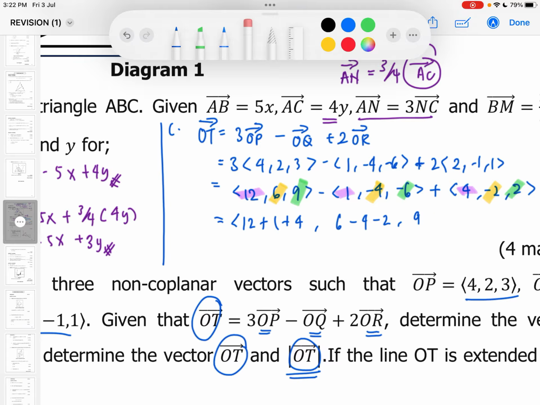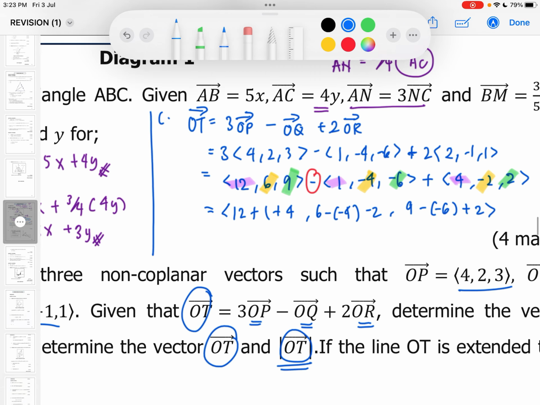I didn't notice that there's this over here, plus 2. I think I forgot it for this one also. So that's going to be 6 minus negative 4, and then we minus 2. Please take note of this symbol here. Okay, so once we add those all up, it's going to be 15.